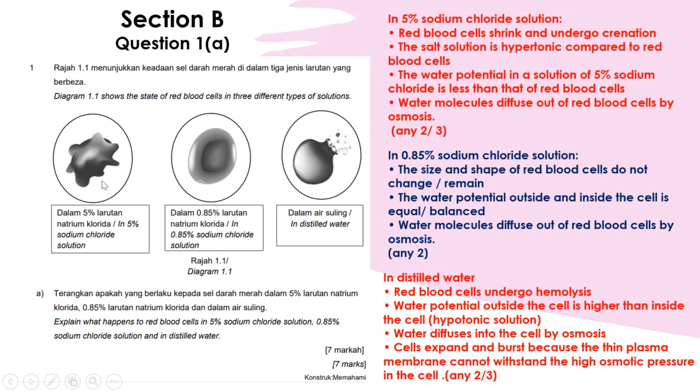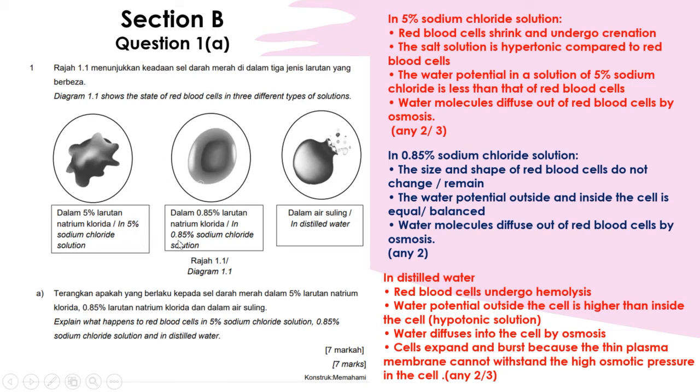This is the condition whereby the cell undergoes crenation. This one is the normal red blood cell. Then let's take a look at the concentration of the sodium chloride here. This one is 5%.